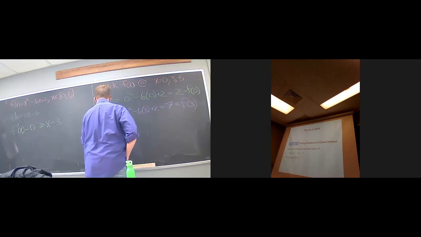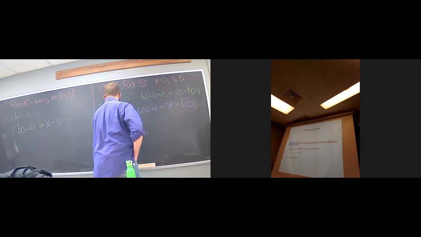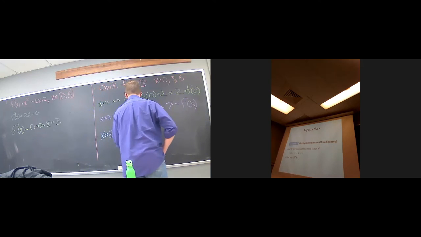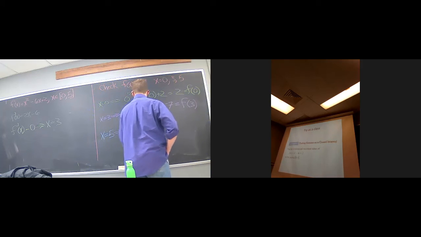And now x equal to 5. We're going to get 5 squared minus 6 times 5 plus 2. It's going to be 25 minus 30, so that's -5 plus 2. It's going to be -3.